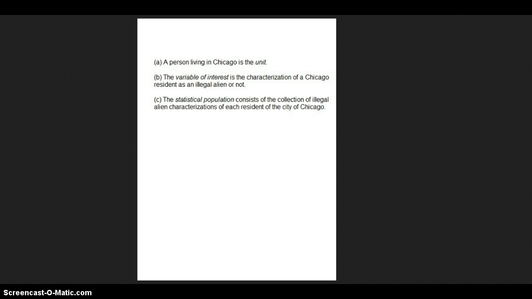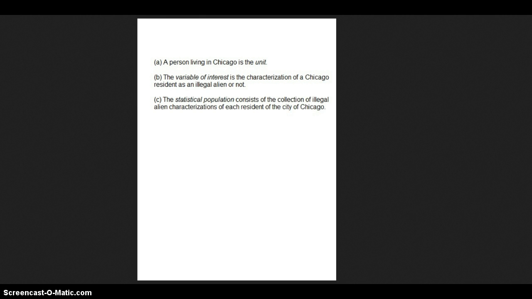So you can say it consists of the collection of illegal alien characterizations of each resident of the city of Chicago. So it's the set of the collection of responses you get from each person. What response? The response will be whether this person is illegal or not.